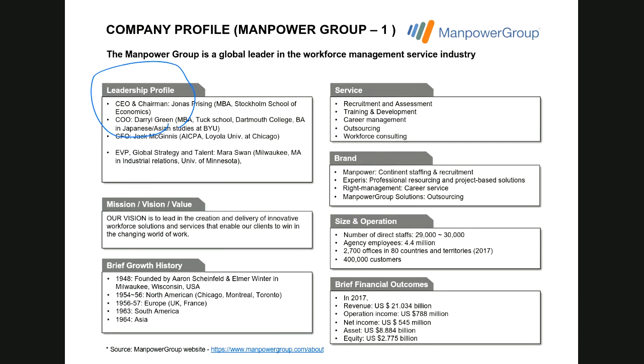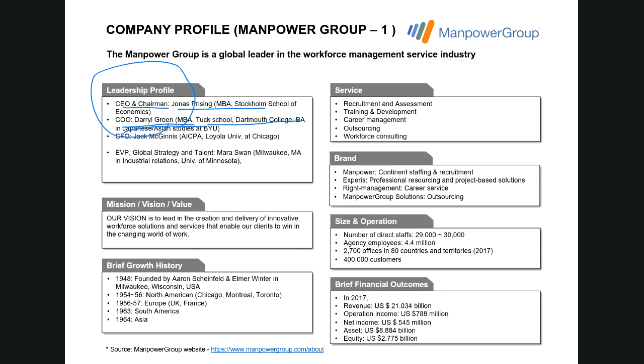For example, Manpower.com, one of the largest global workforce management companies in the world. The CEO and chairman, Jonas Prising, has an MBA, and interestingly, studied at the Stockholm School of Economics in Sweden. The COO has an MBA from the Tuck School of Dartmouth, and a BA in Japanese and Asian studies.